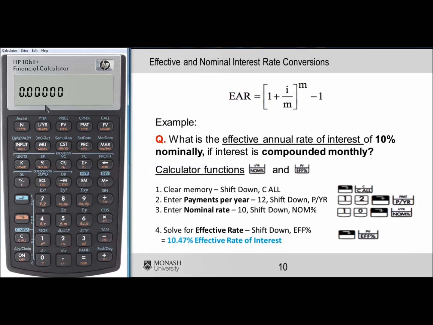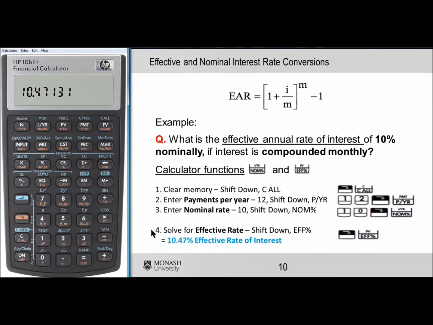Next, enter the nominal rate, which is 10%. To get to the nominal rate, you need Shift down and that button. To solve for effective annual rate, press Shift down and PV.